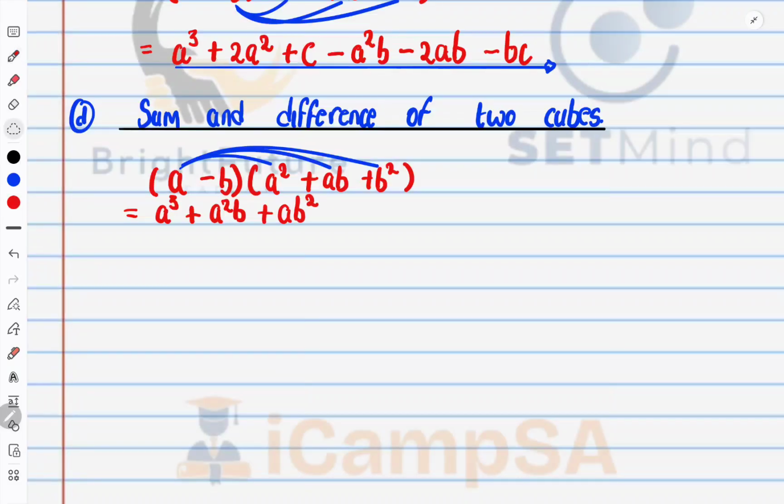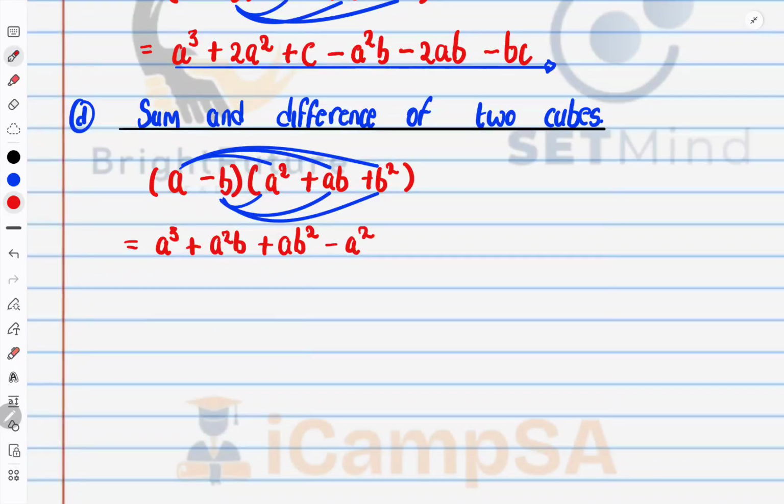And then maybe let me move this to the blue line. Let's deal with the second term. We are distributing it accordingly. Negative b multiplied by a squared will be negative a squared b, and ab multiplied by negative b will be negative ab squared, and b squared multiplied by negative b will be negative b cubed.